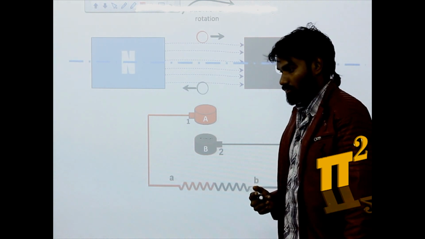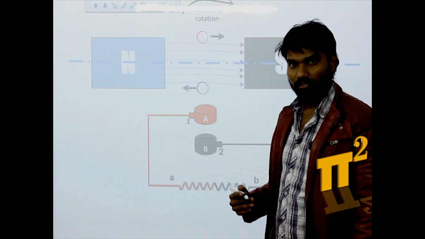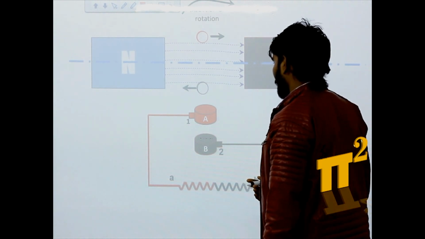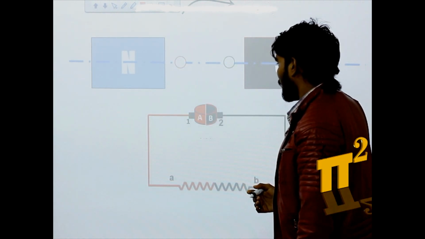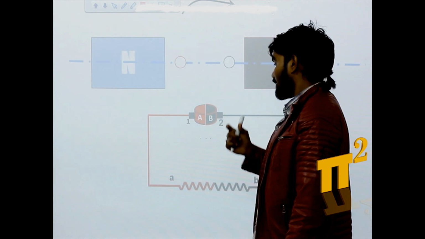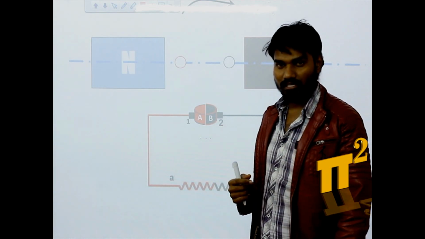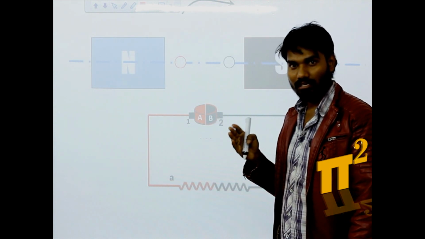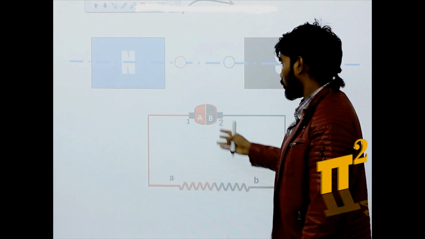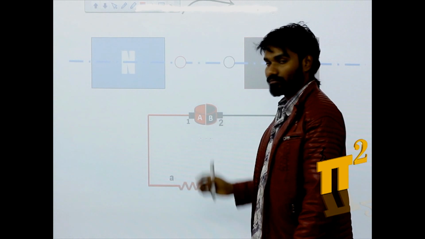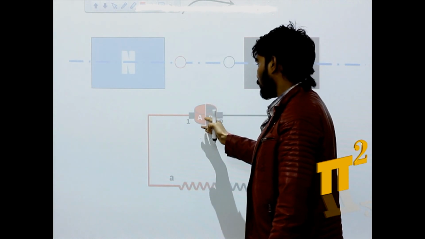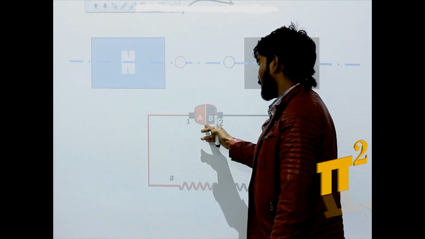So let's do something to convert this AC to DC. So for that, I'll use split rings, means I'm splitting the slip ring into two parts, two halves. Okay. So in between these two, there is some thin insulation, mica insulation.